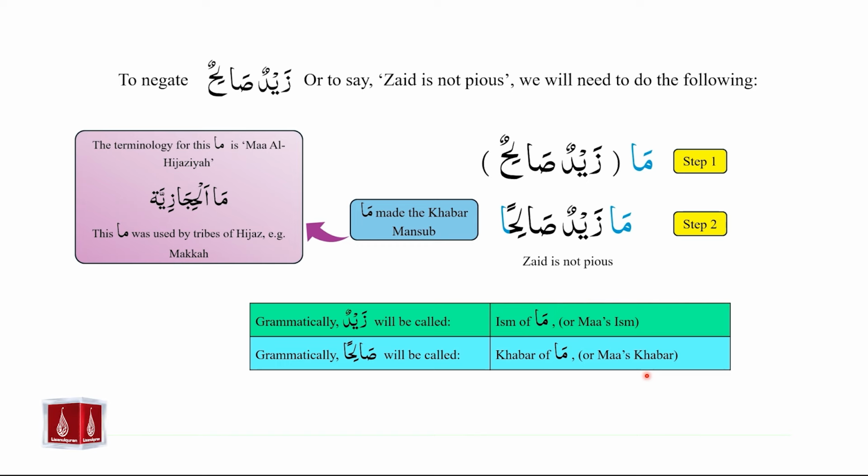And the khabar was no longer called khabar, and grammatically we called it the khabar of inna, or inna's khabar. Similarly, in this case, because of ma, the mubtada will be called the ism of ma, or ma's ism, and the khabar will be called the khabar of ma, or ma's khabar.